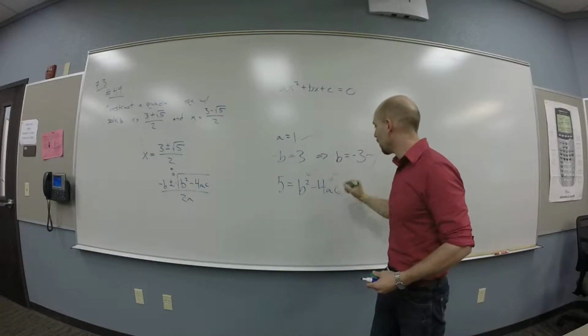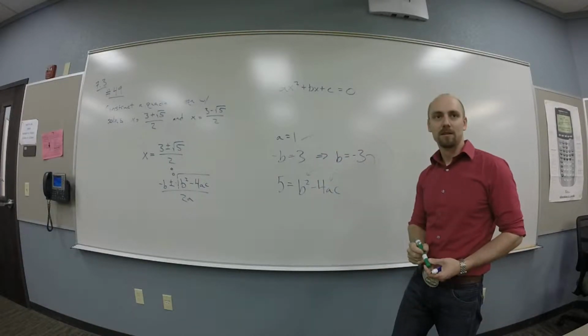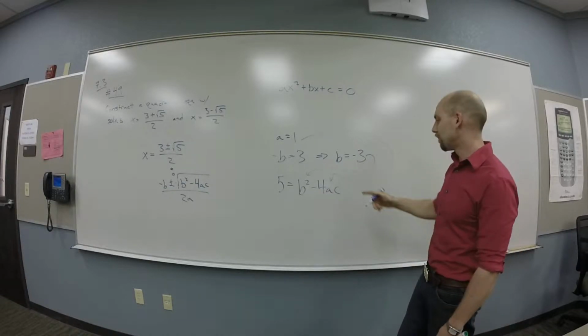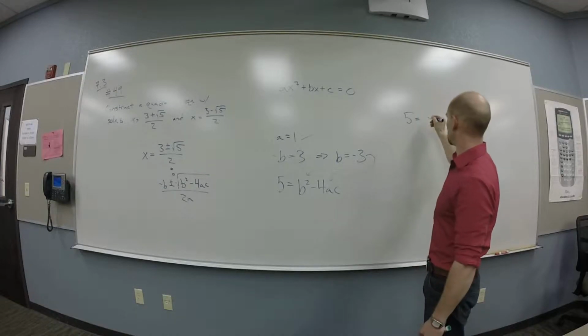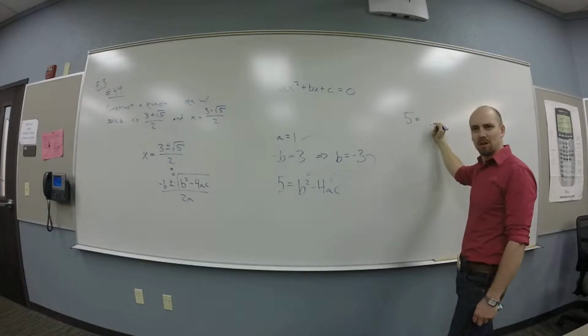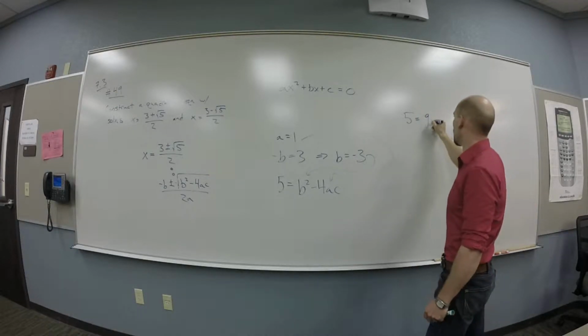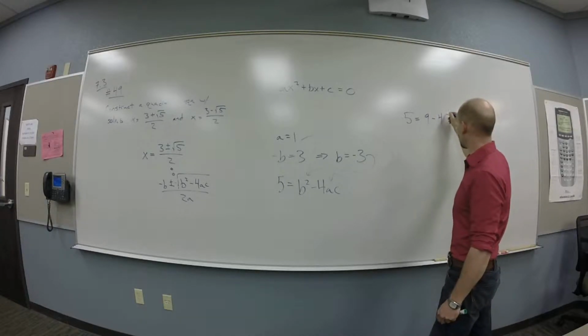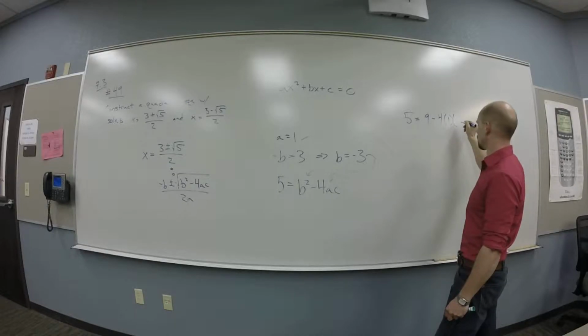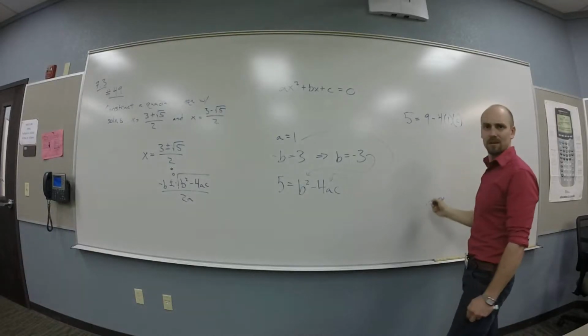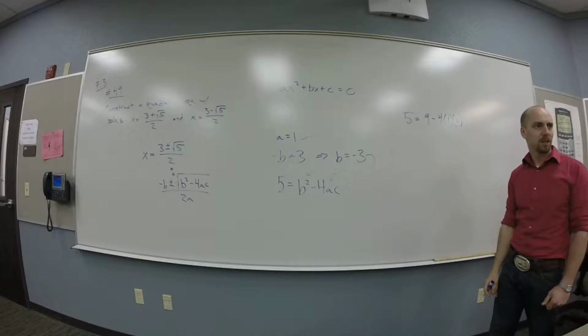This guy's going to have to go in for a. Right? And so I'm going to find out that 5 has to be, what's negative 3 squared? 9 minus 4 times 1 times c, right? You guys see that?